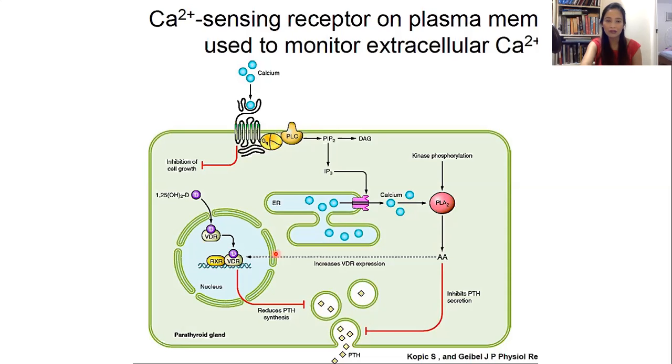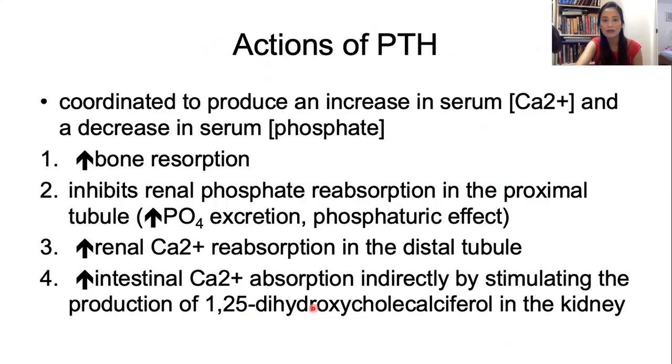This will also trigger, on the other hand, vitamin D. The activation of this pathway will cause an increase in vitamin D receptor activation, and your vitamin D receptor activation can reduce PTH synthesis as well.